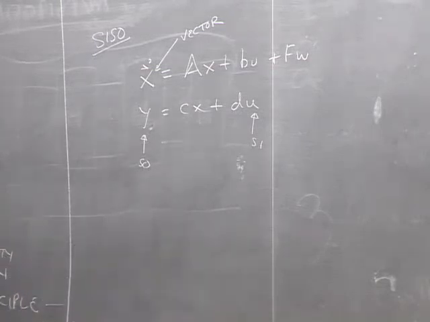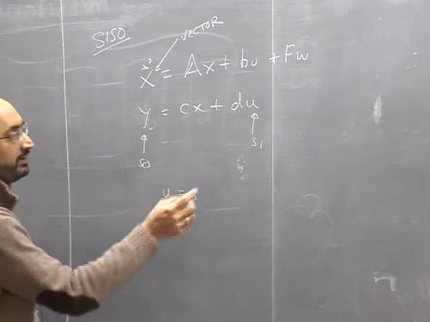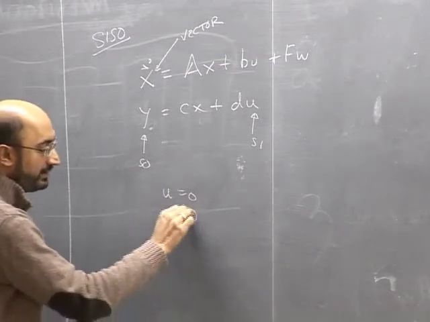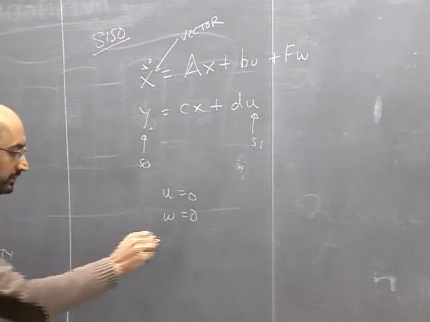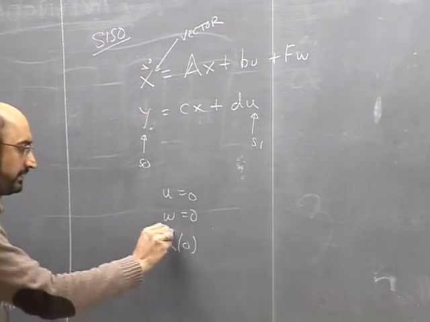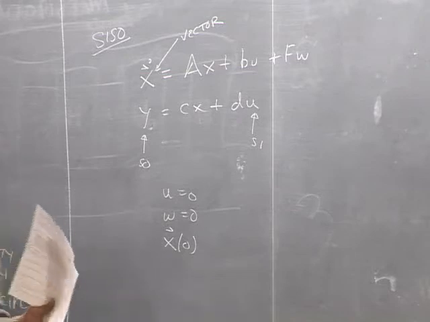I want to first look at what happens when it's unforced. So when it's unforced, we're setting U equals 0, and again we're going to study it in the absence of disturbances, just to make it simpler. The idea here is that we've got the system at some initial state, x0, and we are going to see what happens to the system when we stop giving it any more commands, any more input.